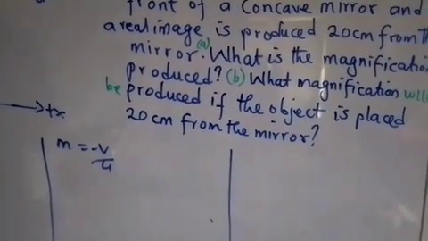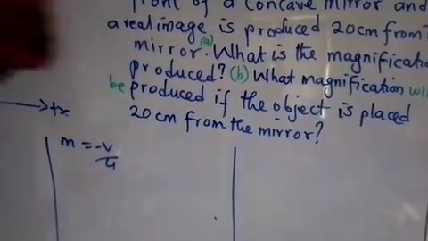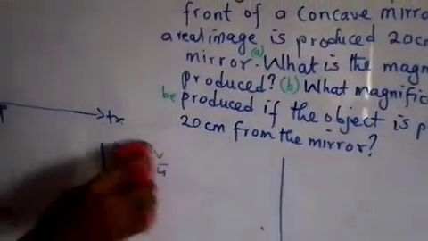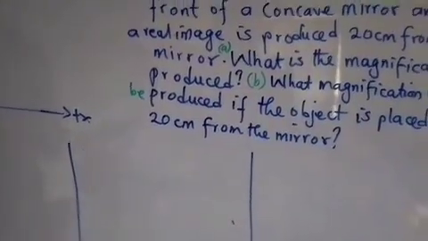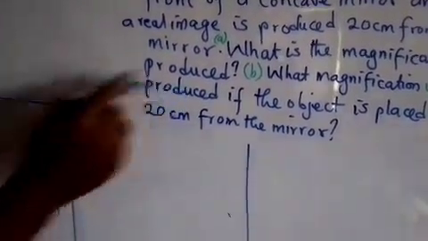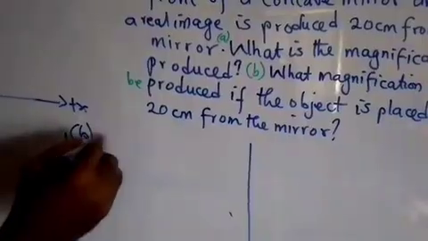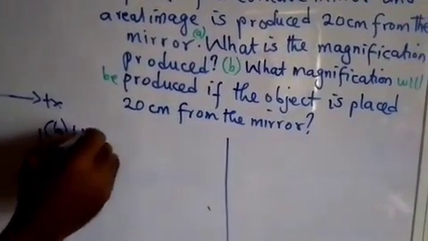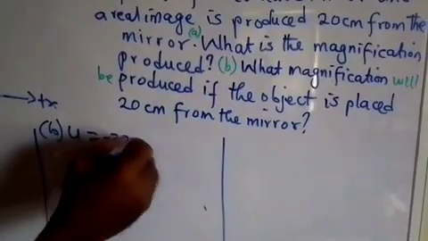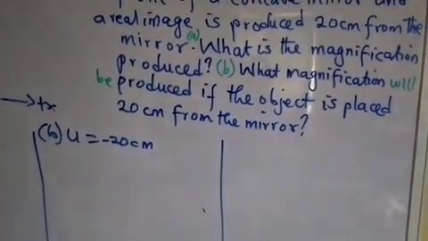There is something about this mirror we've not found out. What is that? We don't even know the focal length of this concave mirror. Now, for this B part, we still remember that U is in front of the mirror, minus 20, because it is in front.